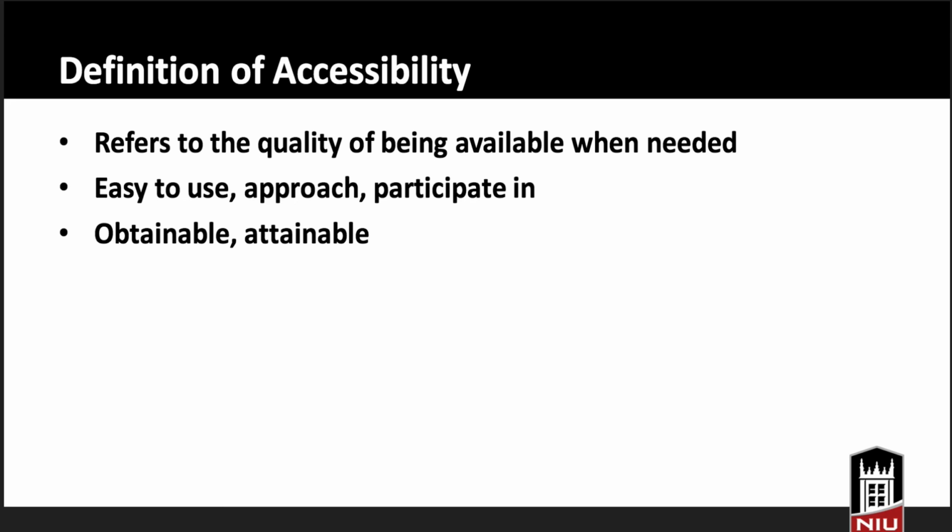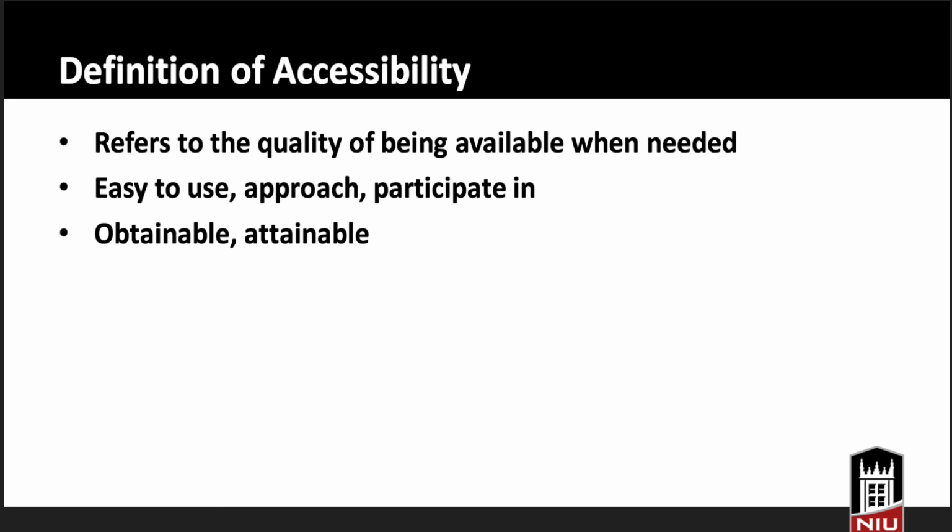The first one was that accessibility really refers to the quality of being available when needed. So when your students need to reach out to you, interact with the content, or find resources, they are able to do that very easily.